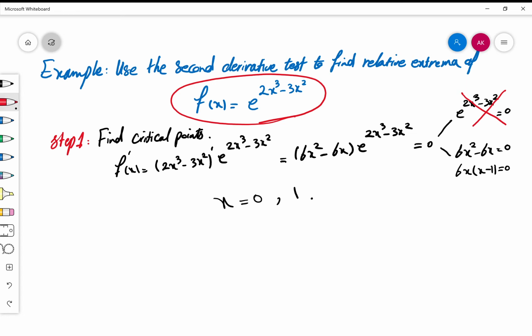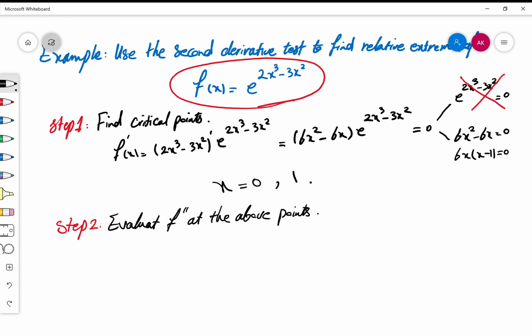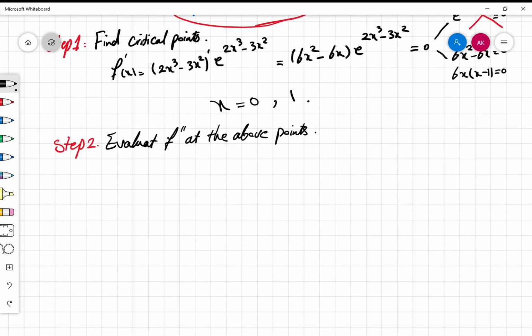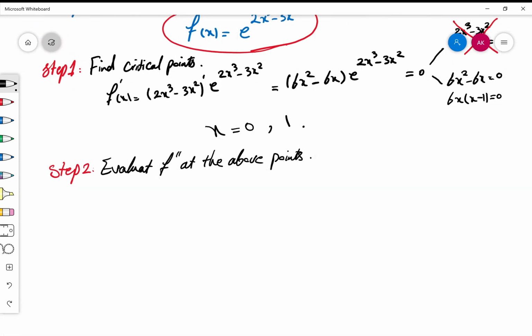Okay, to be able to apply the second derivative test, we need to find the second derivative and evaluate f double prime at the above points. So I have to differentiate f prime another time. As you can see, this is a product of two functions.